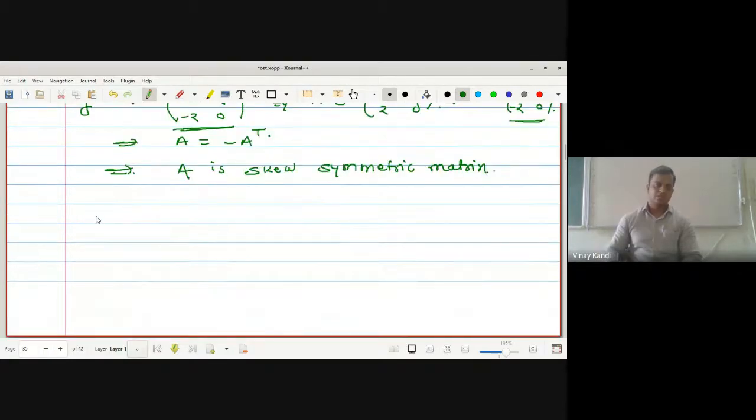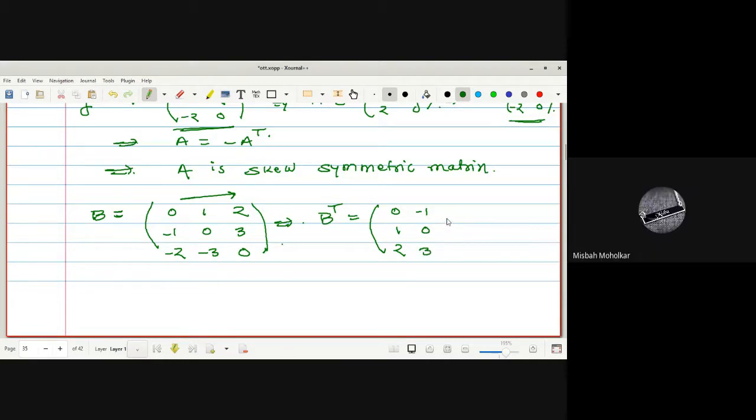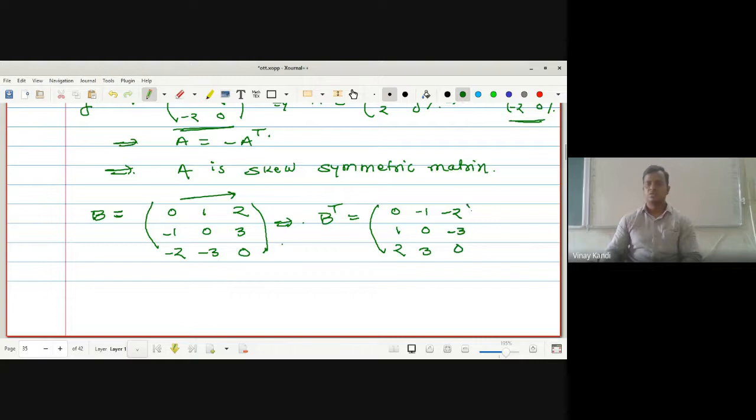Okay, now take another example. B is equal to 0, 1, 2; minus 1, 0, 3; minus 2, minus 3, 0. What is the B transpose? 0, 1, 2. Make the first row the first column, the second row the second column, the third row the third column: minus 1, 0, 3, and minus 2, minus 3, 0.